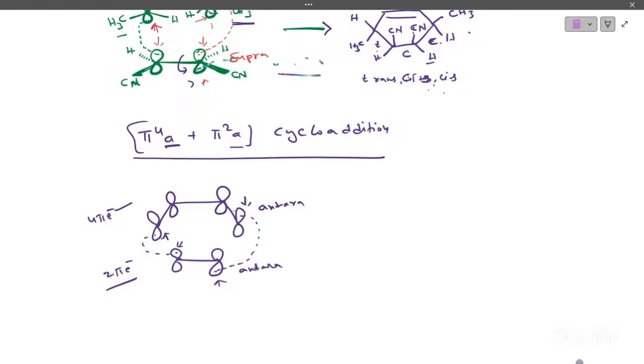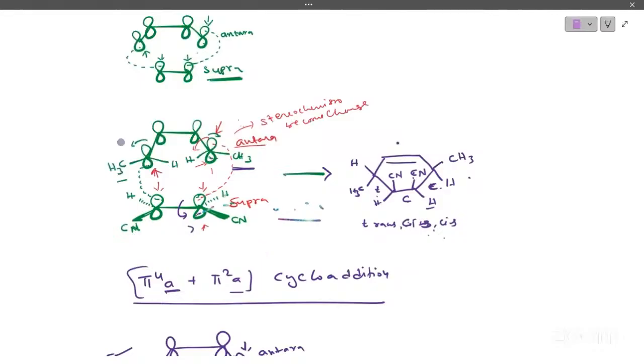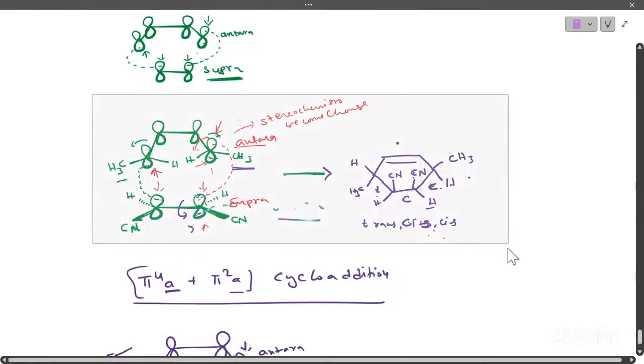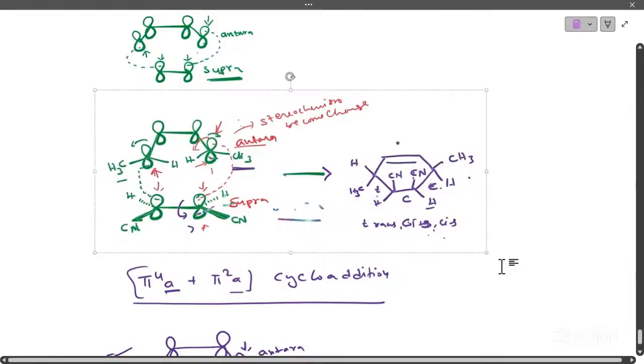Now, in your example, you consider the same example.